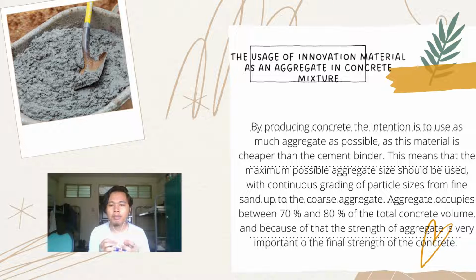This means the maximum possible aggregate size, which is we use the clay brick as our aggregate, and should be used with continuous grading of particle size from fine sand up to the coarse aggregate. Aggregate occupies between 70% and 80% of the total concrete volume. And because of that, the strength of aggregate is very important to the final strength of the concrete.